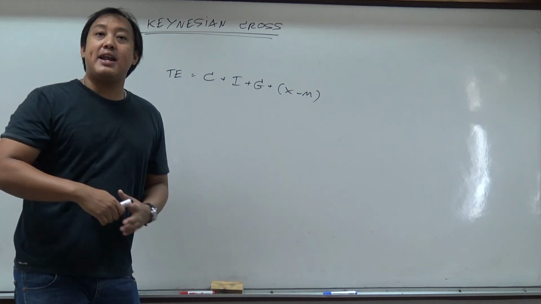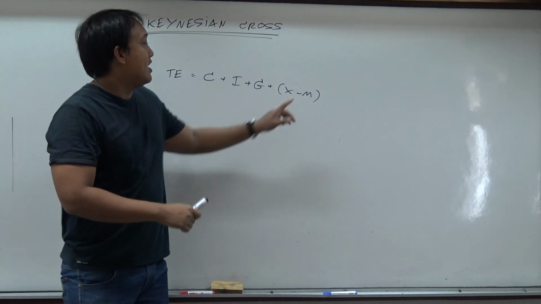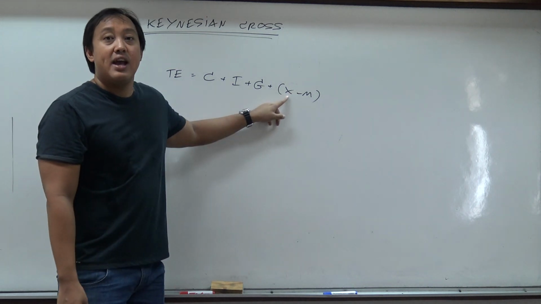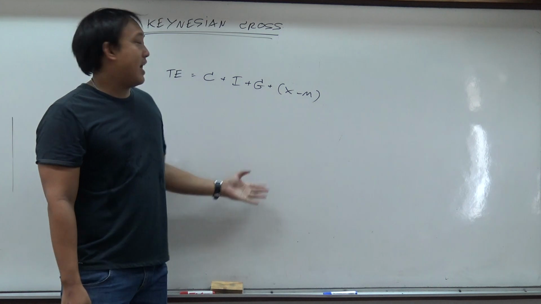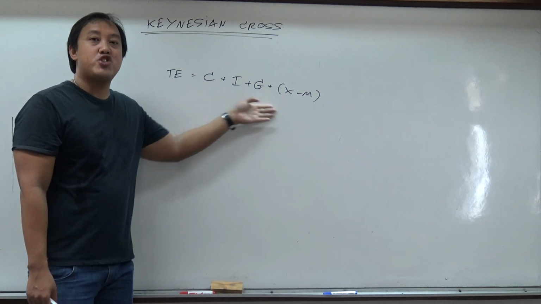With import, we spend money on foreign products, so the money flows out of the country. So this one is going to be negative. So you have an equation for total expenditure.